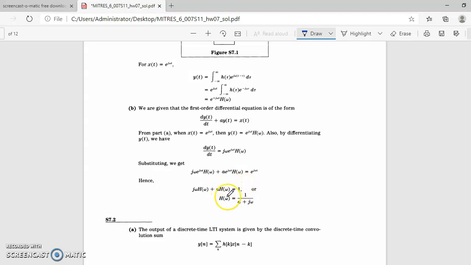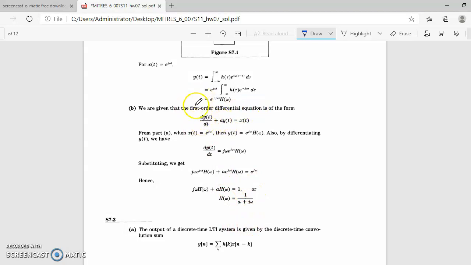Taking H of omega as a common factor, H of omega is equal to 1 by j omega plus a. So H of omega is equal to 1 by a plus j omega. This is our solution.